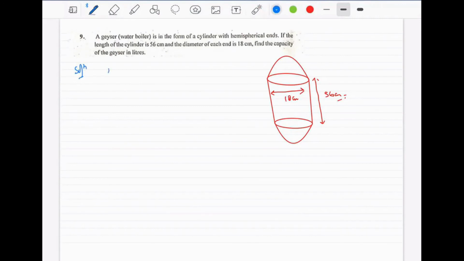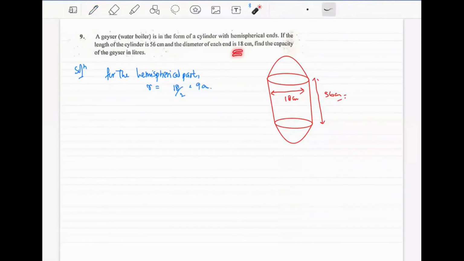So here for the hemispherical part, how much is the radius? Radius will be 18 divided by 2, which will be 9 centimeter. Remember, the 18 is given as diameter. Okay. And come to the cylindrical part.